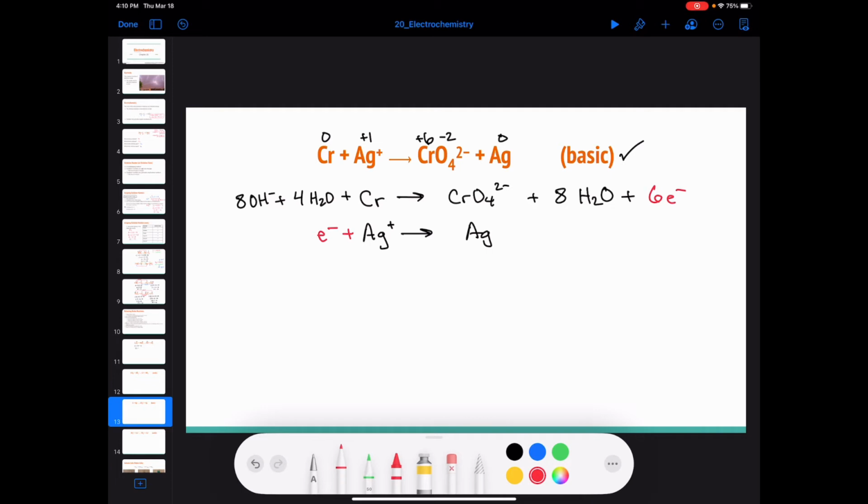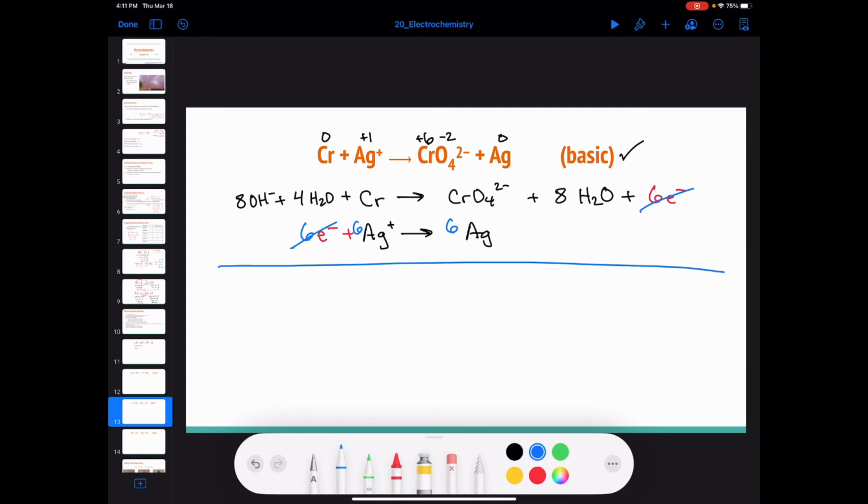So now it looks good, right? Now I've got electrons on the right, electrons on the left. So the next step is I need to make sure the number of electrons is equal. So on the top I've got 6, so why don't I go ahead and just multiply everything by 6 here? Because that way my 6 electrons will cancel out.